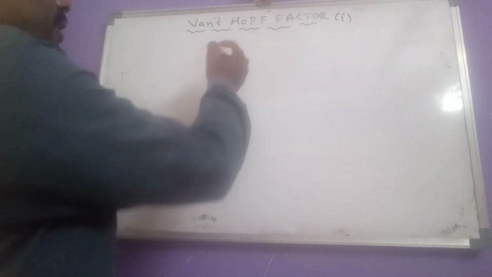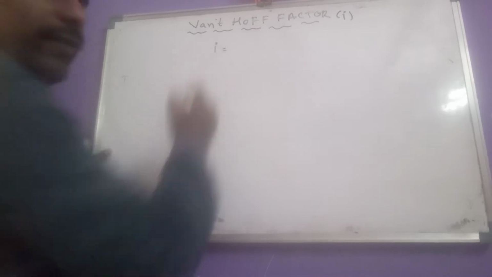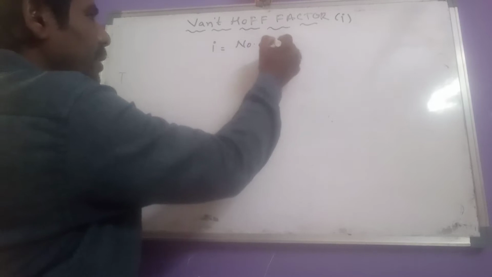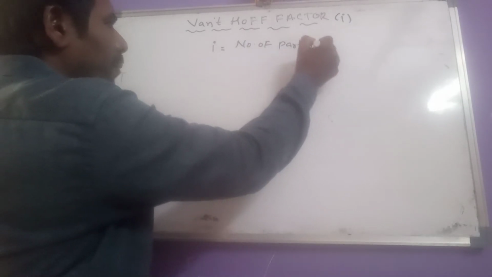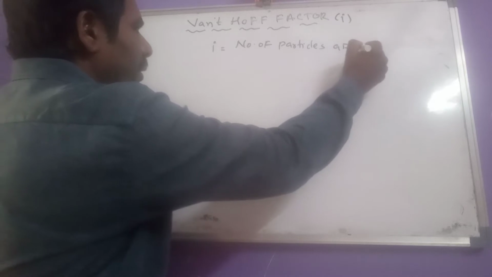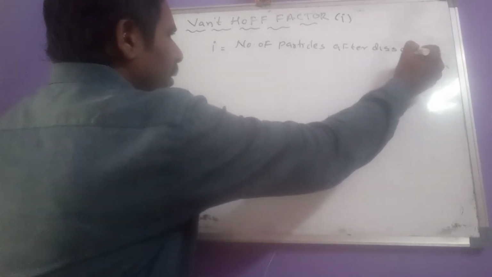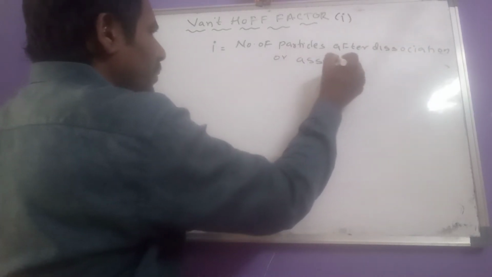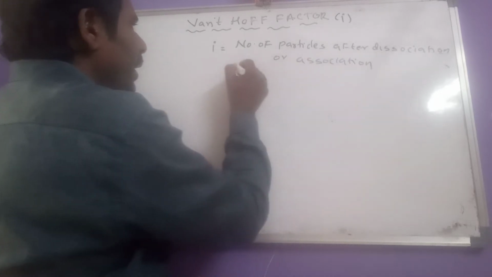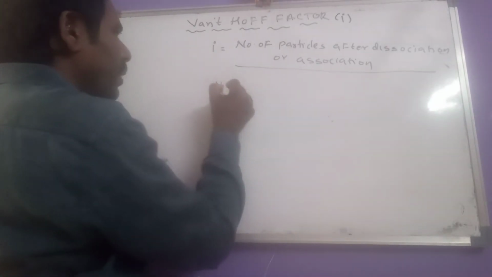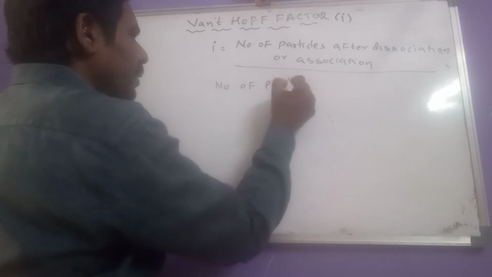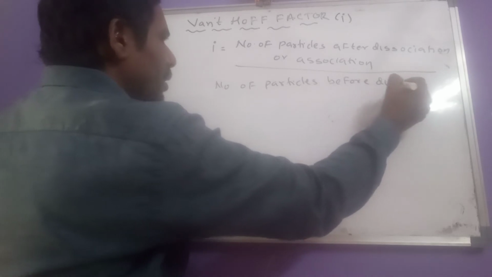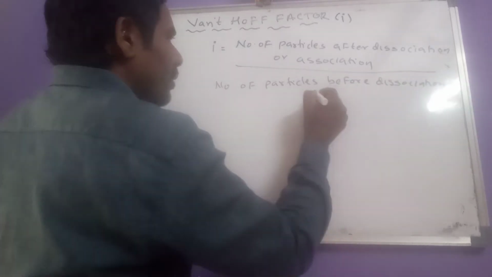So see here, what is the formula to calculate the i value? i equals the number of particles after dissociation or association divided by the number of particles before dissociation or association.